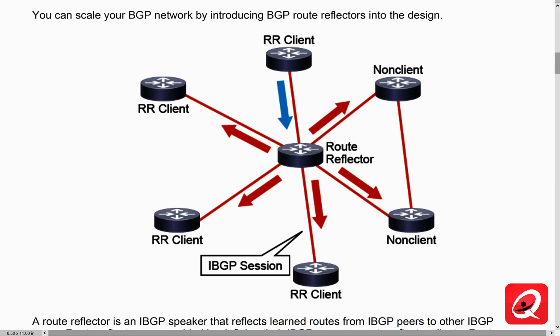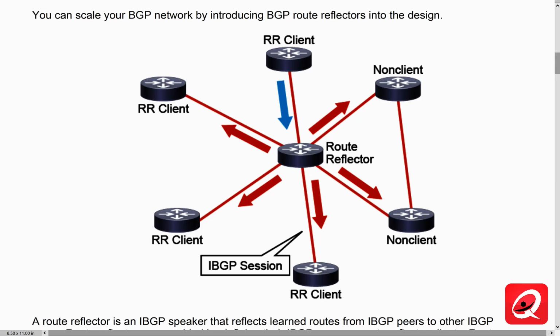So you might look at this and go, well, wait a minute, why would the route reflector send the routes to those non-client routers? Because we have a standard iBGP peering relationship with those routers. And the route reflector clients, we don't actually technically have a peering relationship with.